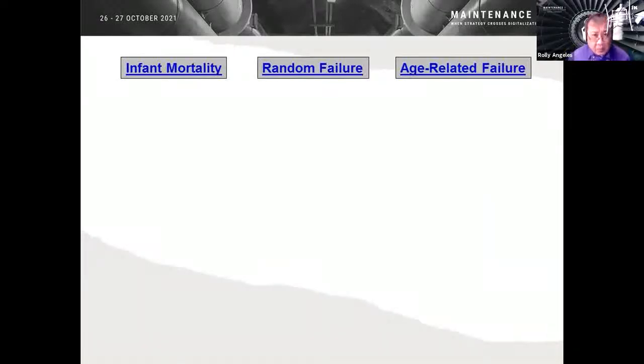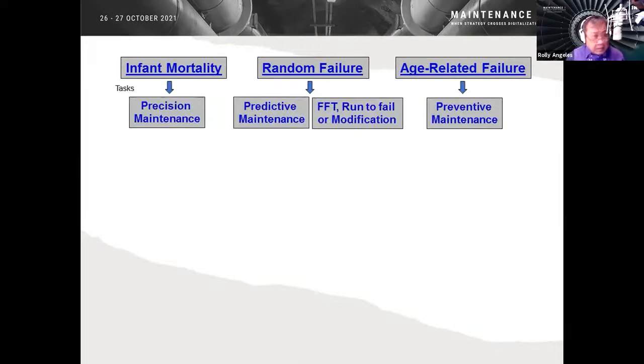what RCM would want to do is for us to understand the different patterns of failure. We have infant, random, and age-related, and then based on the pattern of the failure, RCM will recommend a particular task. Okay? So, in order to reduce infant mortality, we apply precision maintenance on the way we perform preventive maintenance.